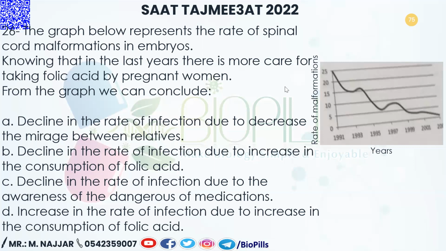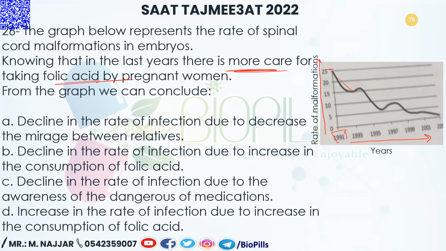And by the way, if you look at the graph, here are the years on the x-axis, and on the y-axis there is the rate of the malformations. In 1991 it was 25, and then it declined per year because they said here that there is more care of taking folic acid by pregnant women.